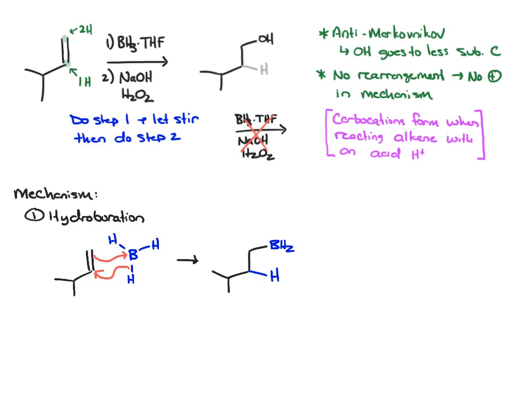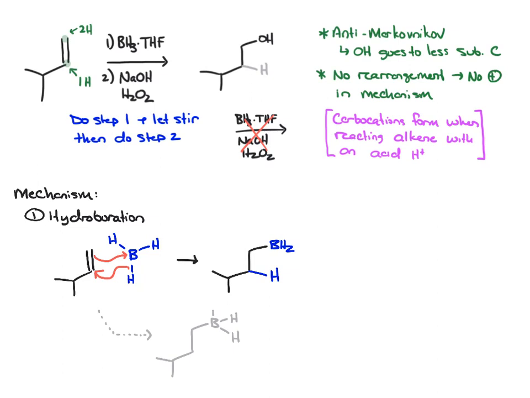Just to help you track electrons and where things are going, I'm going to show you a step that doesn't actually happen. So I'm going to draw it in gray just to say that it's kind of a figment of our imagination here. But think about what would happen if the double bond just attacked the boron first. If that happened, you would form a bond to the BH3.